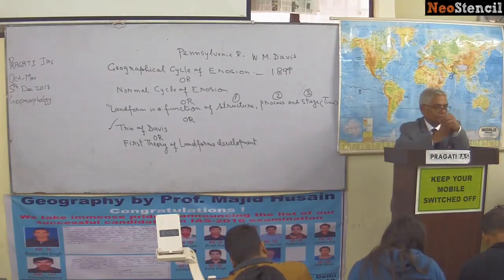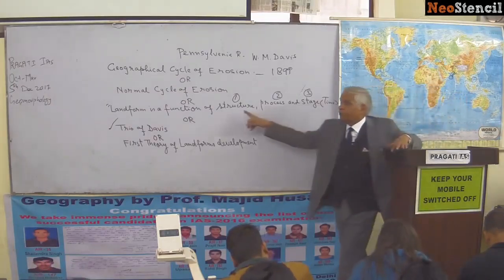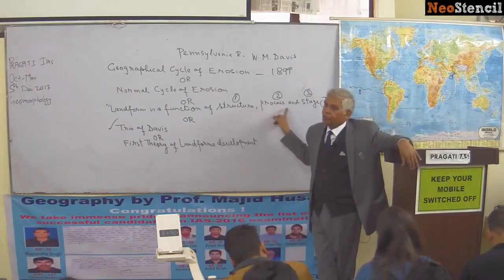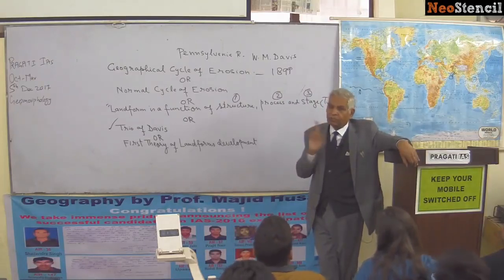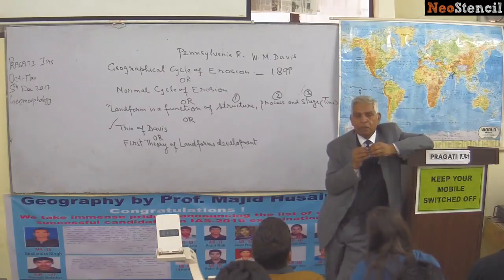Number one, structure. And if you need to elaborate, in case the question is directly in this form, landform is a function of structure, process and stage. You have to devote some lines to this one. And I will explain you briefly.